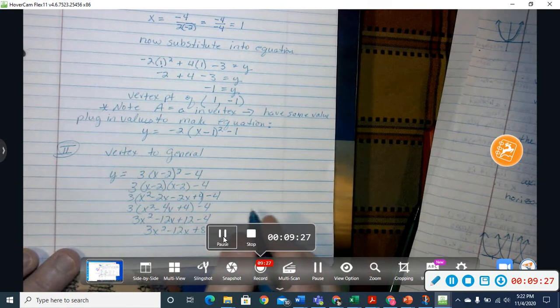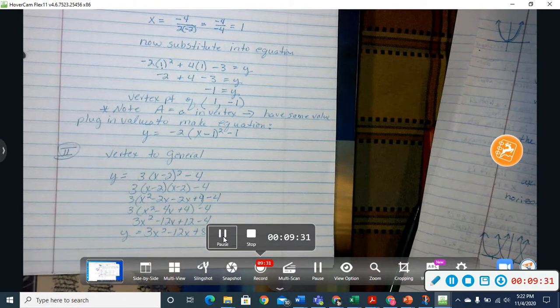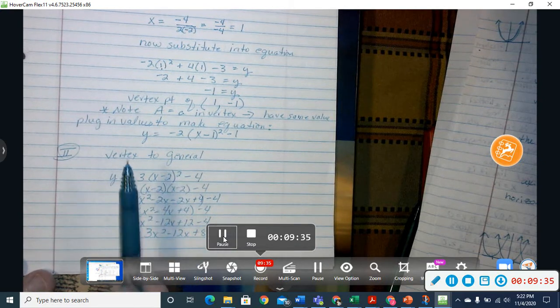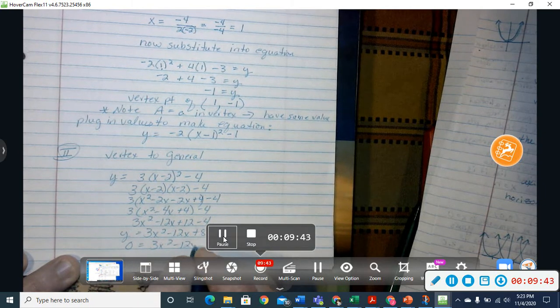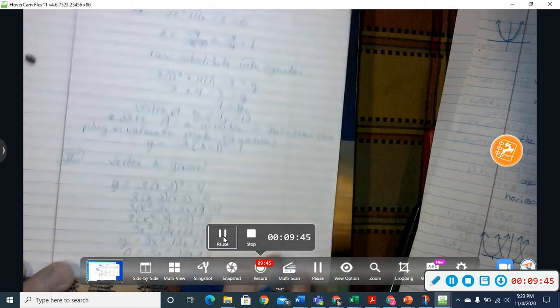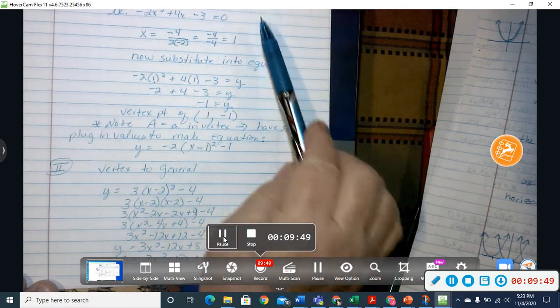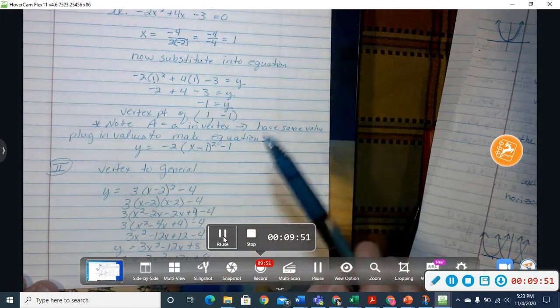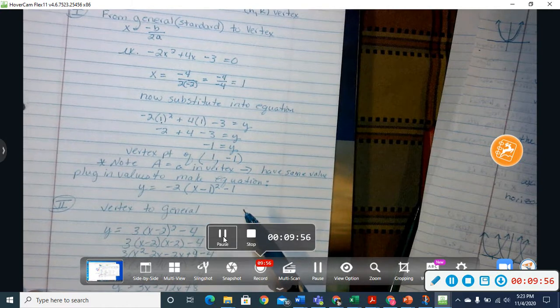And that is going to equal our y or our 0, either one that you want to think of. And that's how we change from vertex to general form. So it's pretty easy to go from general to vertex or vertex to general if we use those simple steps.